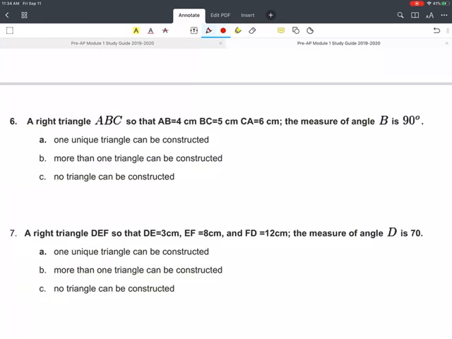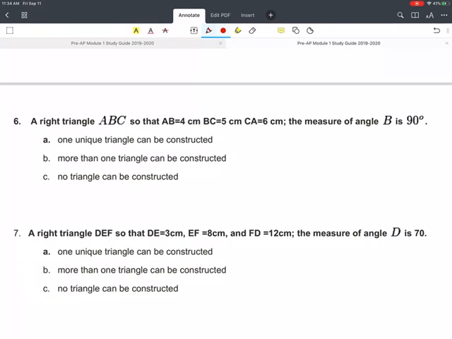We have to figure out if these conditions make one unique triangle, no triangle at all, or more than one triangle. So when doing this, we see we have a side, and a side, and an angle.